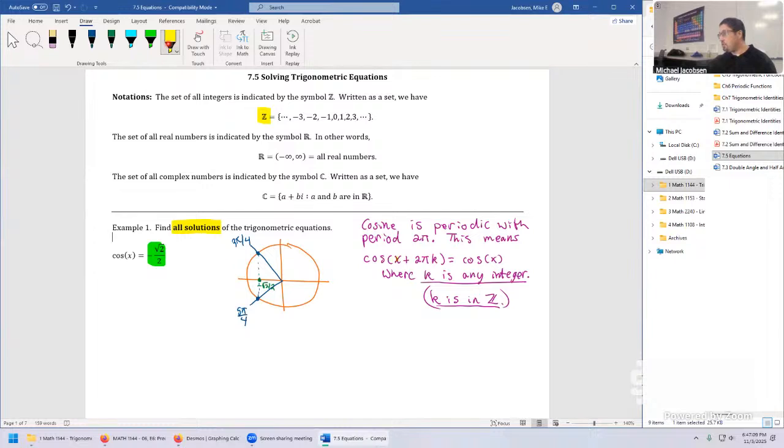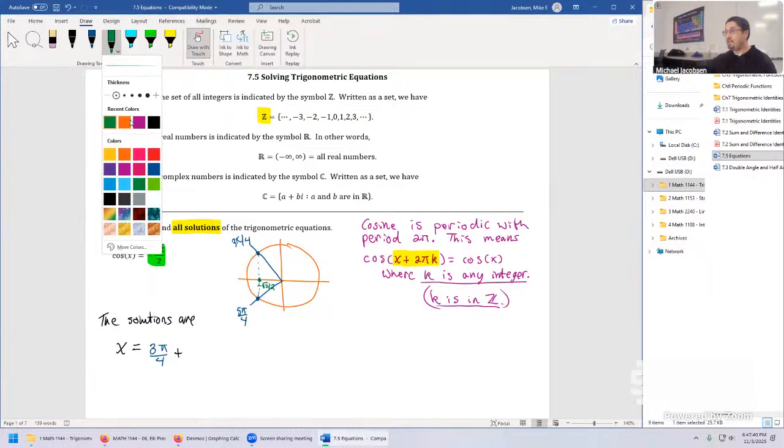So solving these equations just amounts to finding these solutions on the unit circle that make this come out to negative root 2 over 2. Then we can say the solutions are x equals 3 pi over 4. But you can add and subtract, or let's just say plus, because if we use k, it can have a negative or positive value.